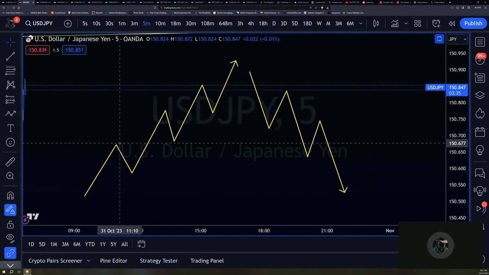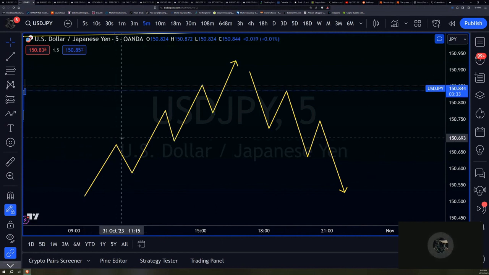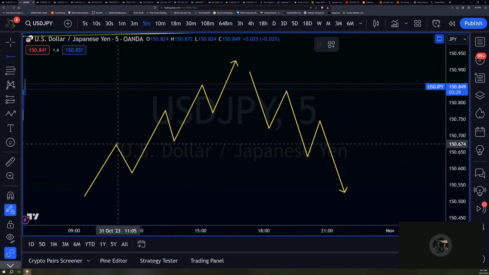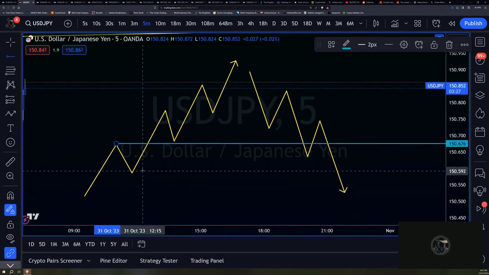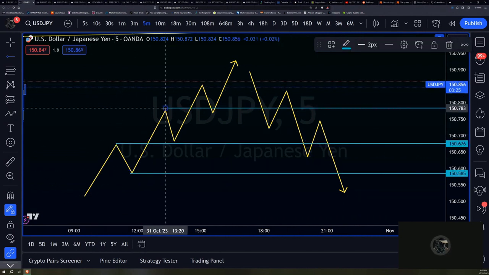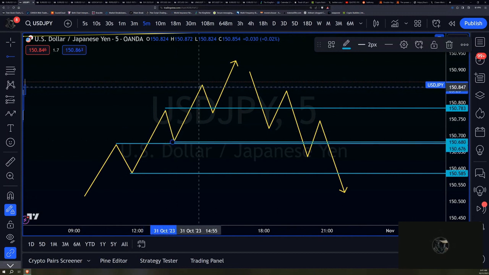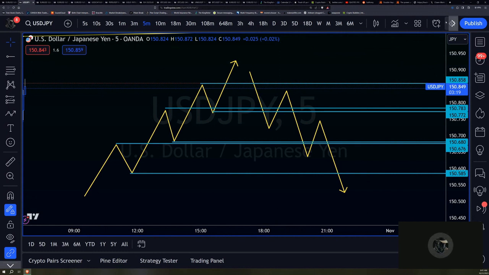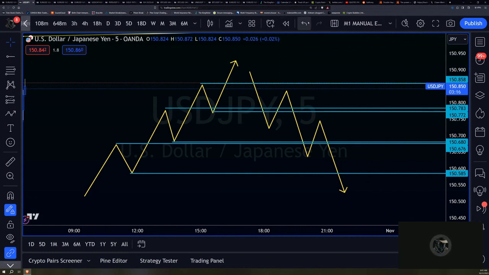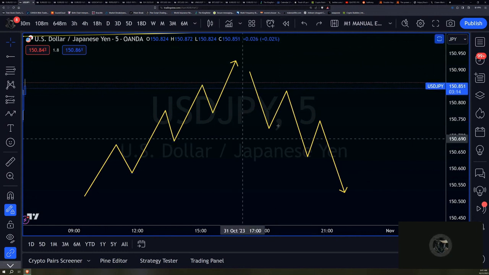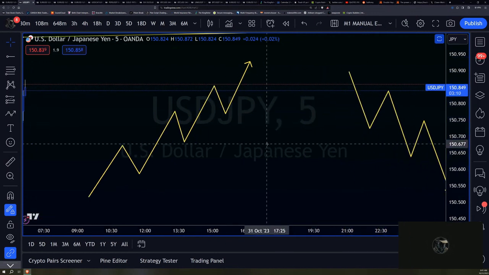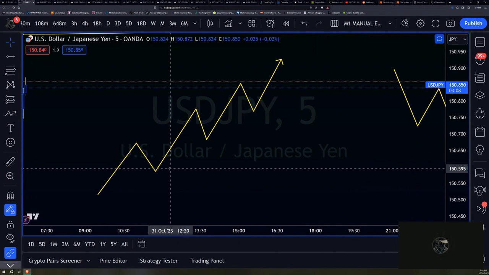So when price is heading up, let's post out some lines to make this easy to see. You've got a higher high here, a higher low than before, a higher high, a higher low than before, a higher high, a higher low than before. That's your uptrend, right? And obviously your downtrend is going to have lower highs and lower lows in the very same fashion. So whether you're trading up or down, trend trading means you're trading with the trend.